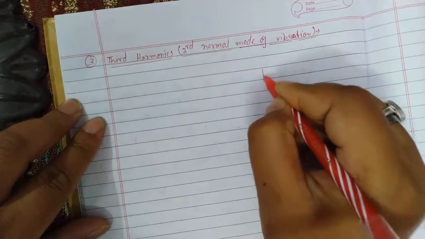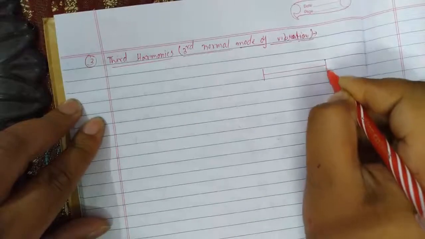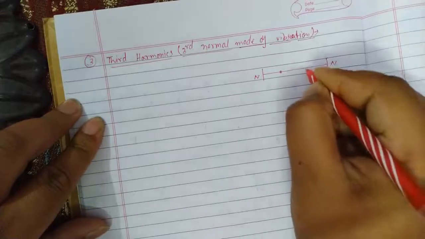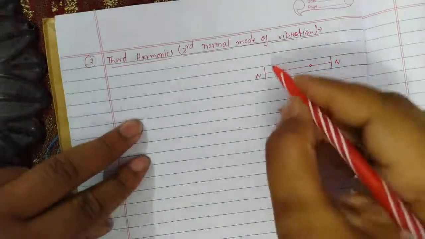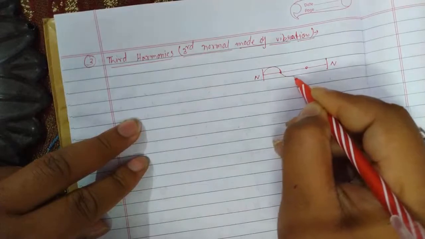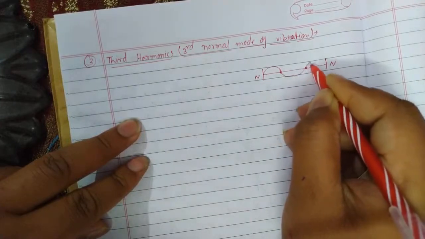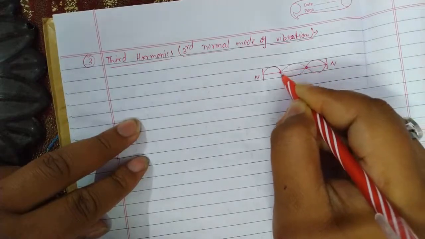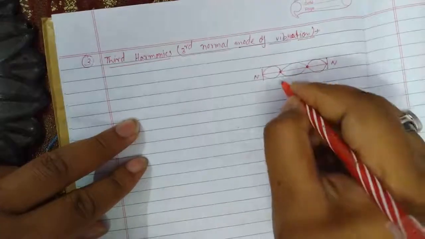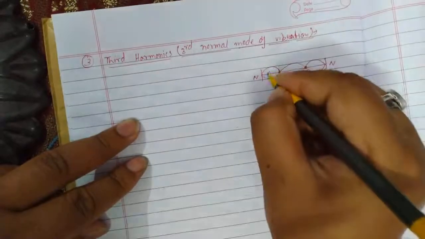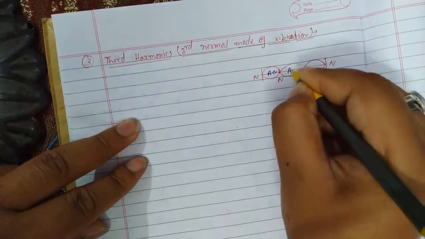Again, in a string, if we create two nodes in between, then the wave travels in such a way and then returns back. In this we get three antinodes.